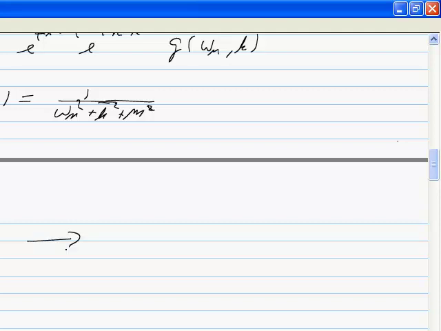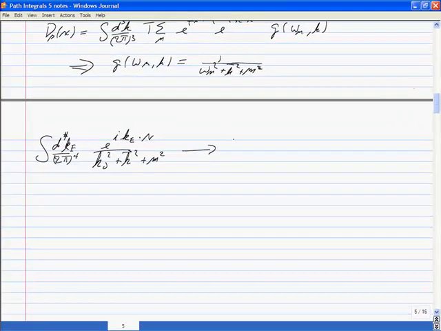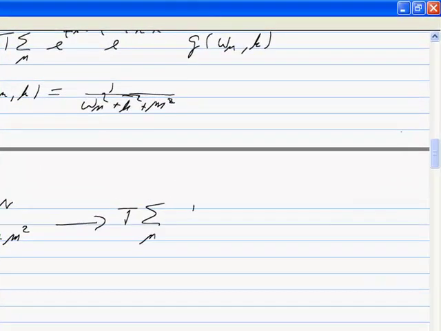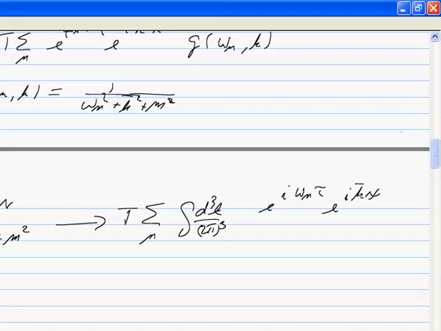That turns into, at finite temperature, T sum over n integral d3k over (2 pi) cubed, e to the i omega_n tau, e to the i k dot x, over omega_n squared plus k vector squared plus m squared.